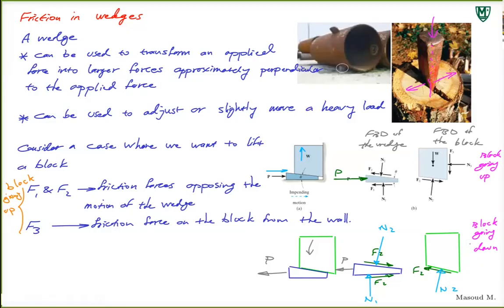This normal would have been still the same. This would have been N3. Now, since the block is sliding down, the friction should be in the opposite direction. So the friction here, F3, should be upward. And you have the W there. It's just the weight applied to the center of gravity.